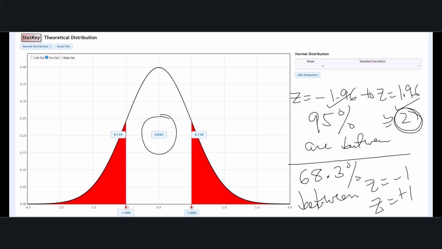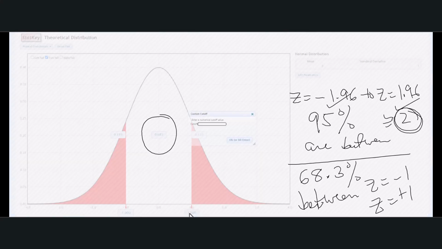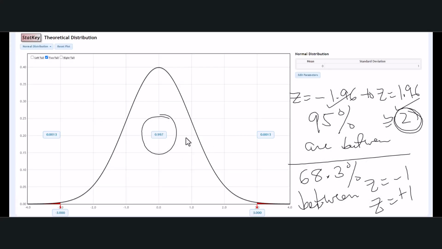And if you go to 3 standard deviations around, let's change it to 3 here. So I'm just typing in 3. Okay, it shows us 0.997. In other words, 99.7% of the values are between z equals negative 3 and z equals positive 3.